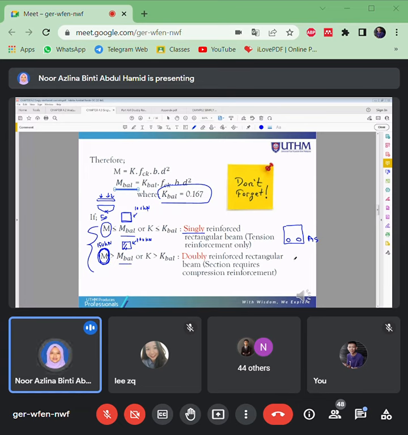So you have to add another reinforcement to cover this 150 kilonewton meters.